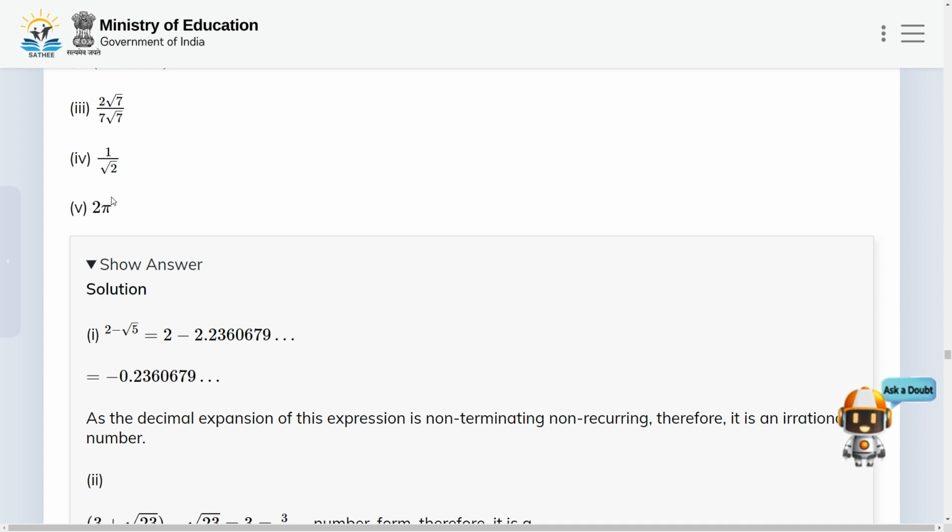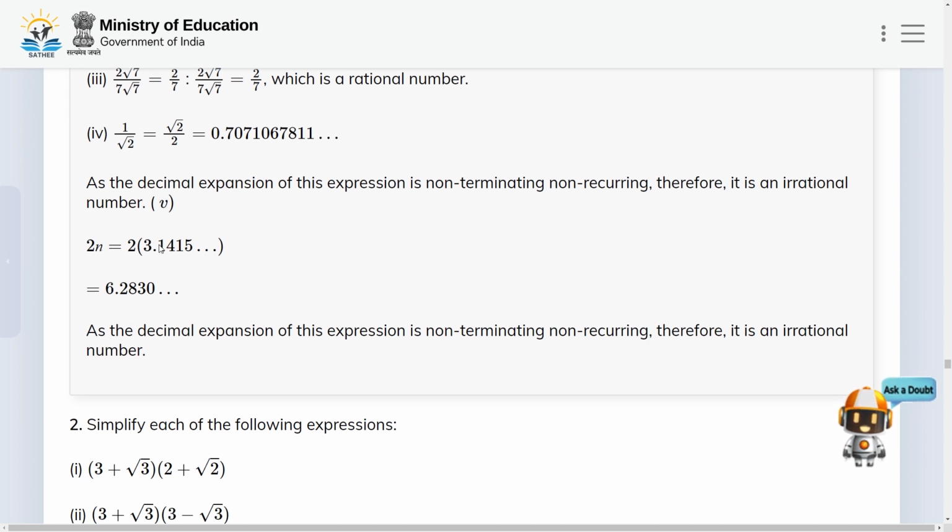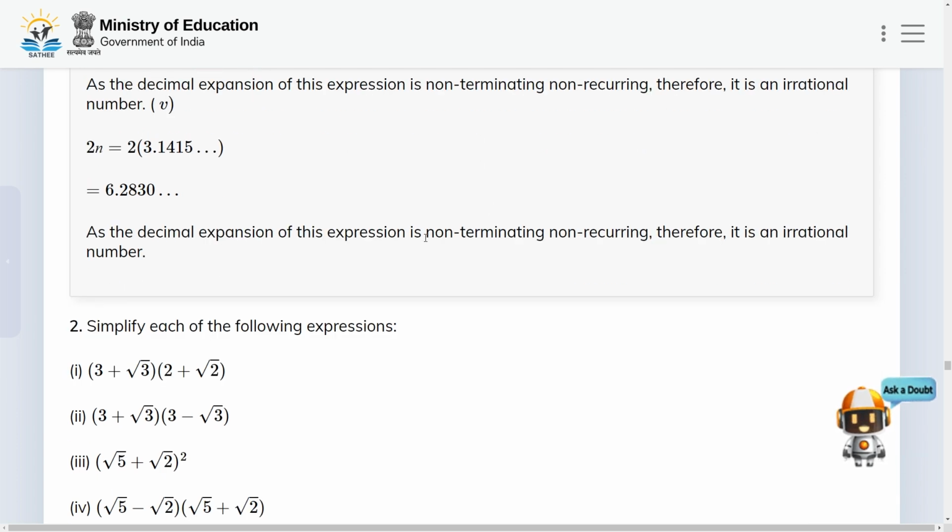You can write 2 pi as 2 times 3.1415..., since pi is equal to 3.1415... The decimal expansion of pi is non-terminating and non-recurring. Now 2 times the decimal expansion of pi is equal to 6.02830... As the decimal expansion of this expression is non-terminating and non-recurring, therefore it is an irrational number.